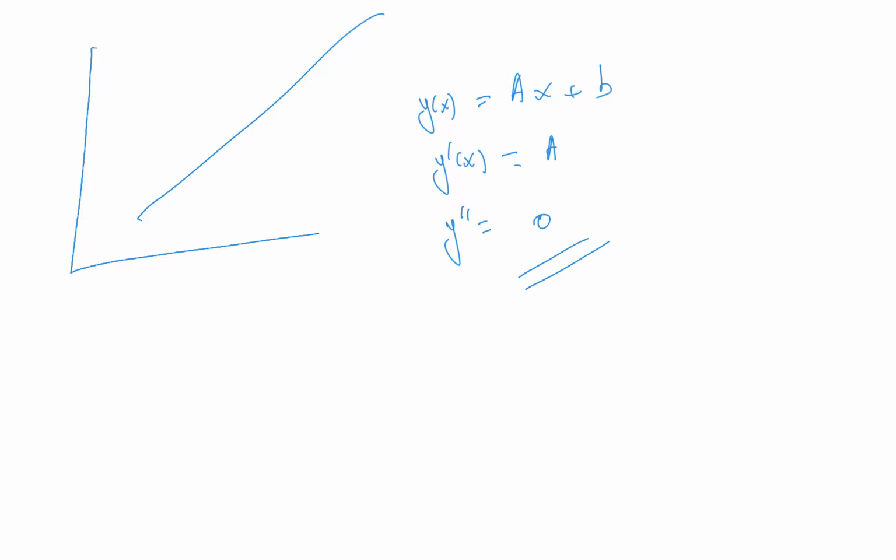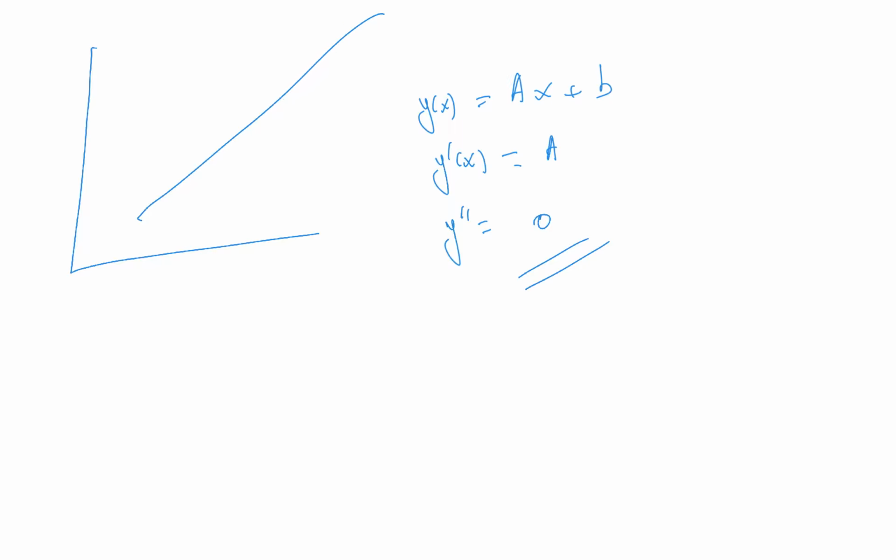So what does this mean? It means the rectilinear lines have a slope. The magnitude of the slope is a, and this slope never changes in the rectilinear line. It's always a.